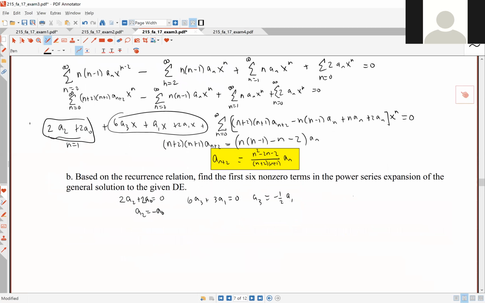Find the first 6 non-zero terms in the power series expansion. Okay, so we have a0 already. We have a1. We have a2, which is negative a0. We have a3, which is negative 1/2 a1.